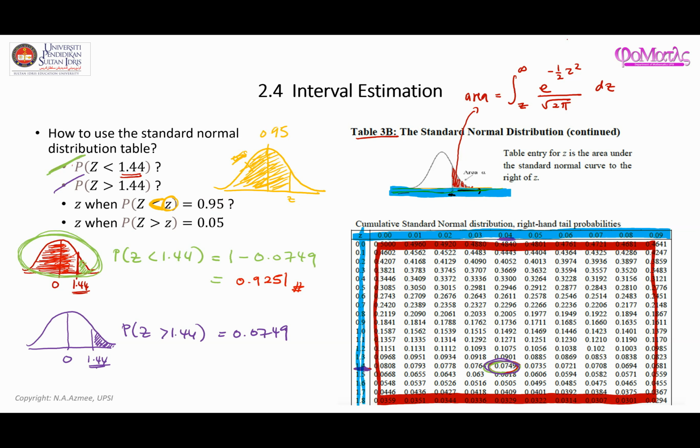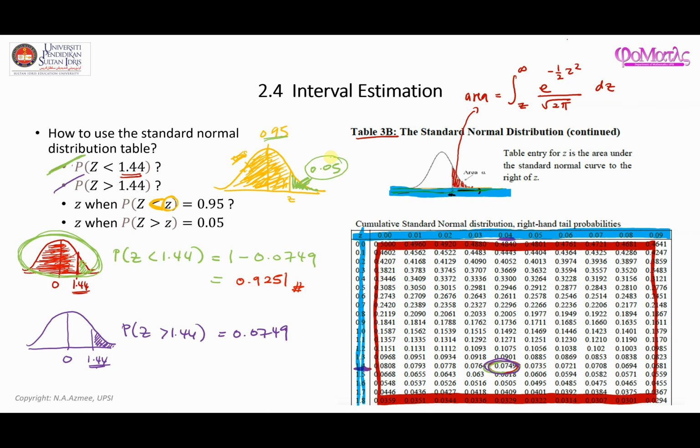Again, you need to do some sort of manipulation because you cannot obtain the answer directly from the table, since the area shaded here is not the same as the area shaded on this standard normal distribution table. So I need to know what is the area here in order to match the table. If this area is 0.95, and the total area must be equal to 1, then the green area must be equal to 0.05.